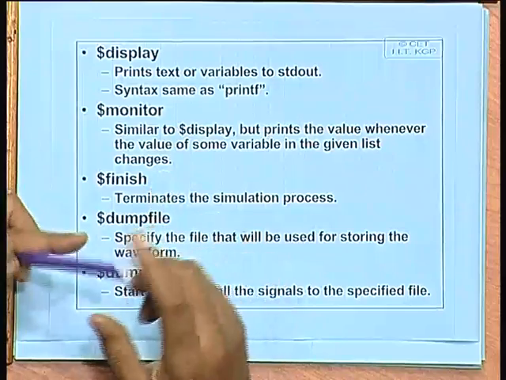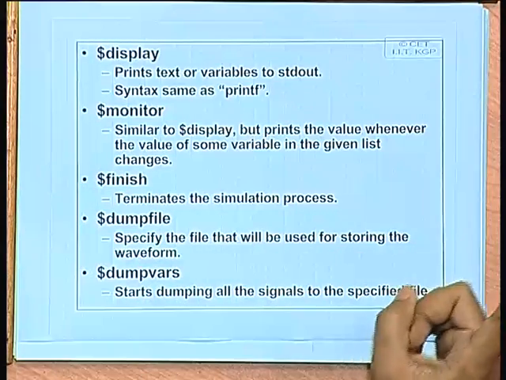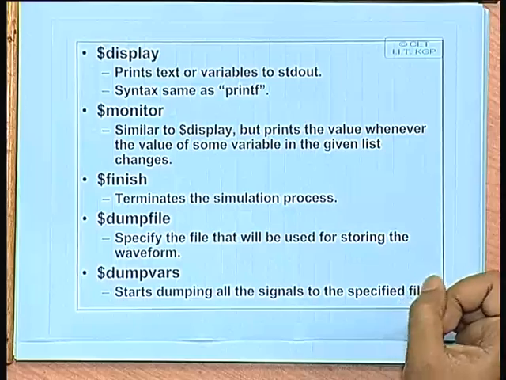Monitor is something like a trigger. Trigger means it remembers that this is the thing which I have to print, but it will not print immediately. Every time any one or more of the variables in the parameter changes value, it will print automatically.